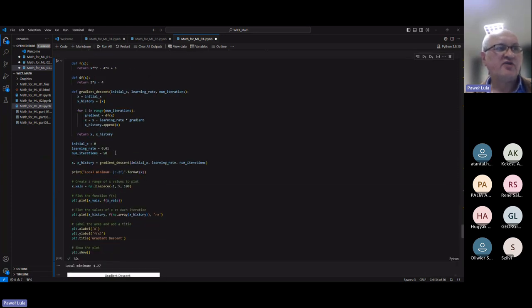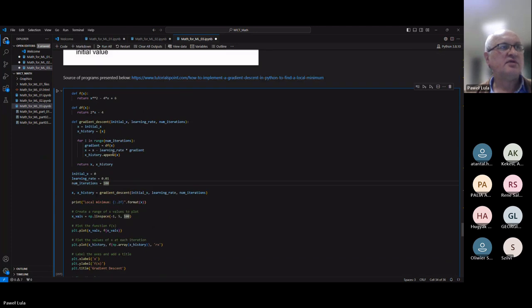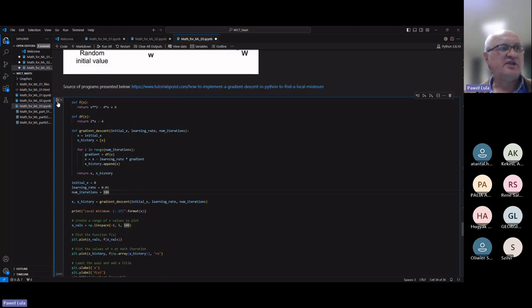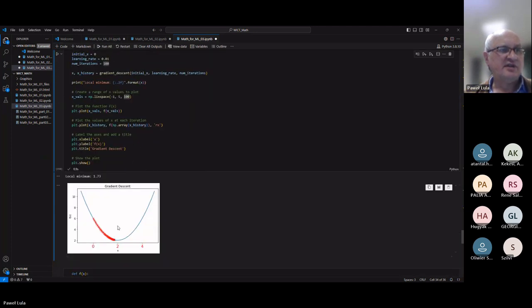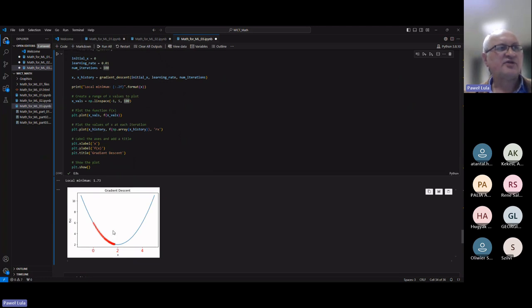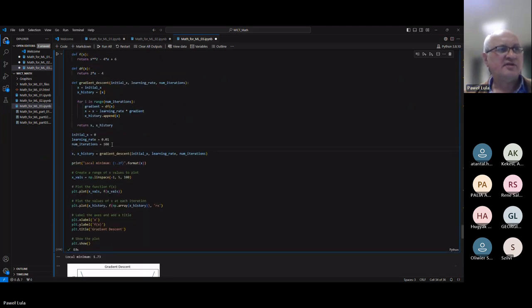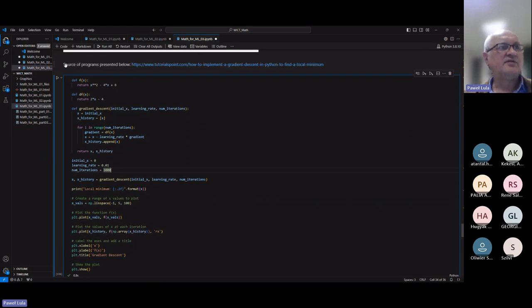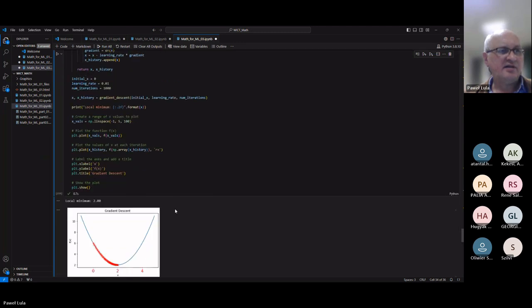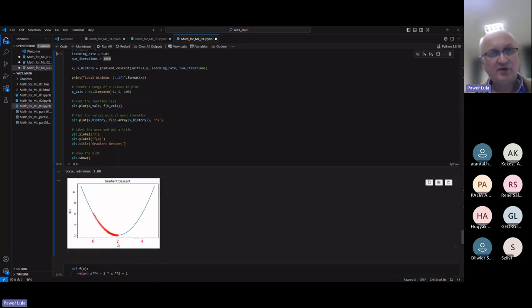Of course, we can change the number of iterations now and repeat. Also, it is too small. Maybe now. And now it is possible to reach the optimal solution.